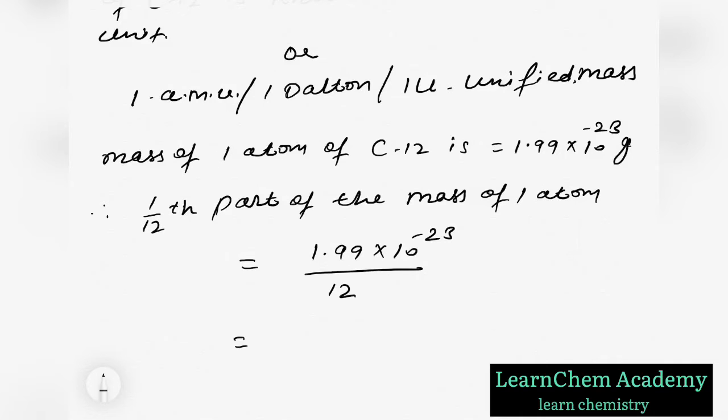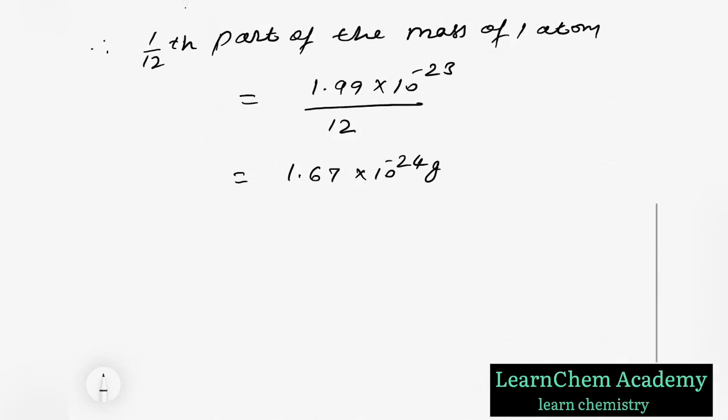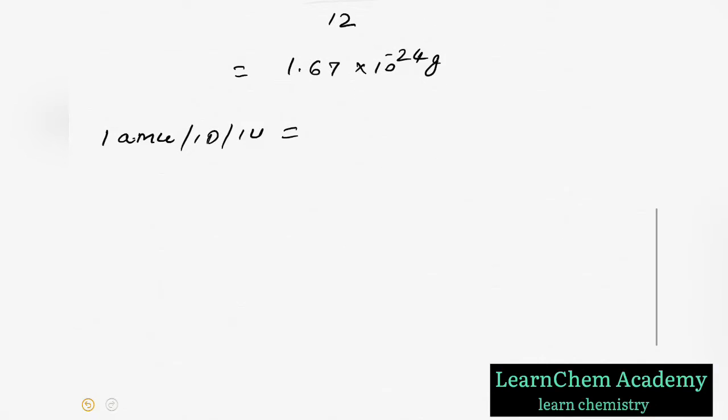So we will get 1.67 into 10 raised to power minus 24 gram. So this is the value of 1 AMU or 1 Dalton. So we can write 1 AMU or 1 Dalton or 1 U is equal to 1.67 into 10 raised to power minus 24 gram.